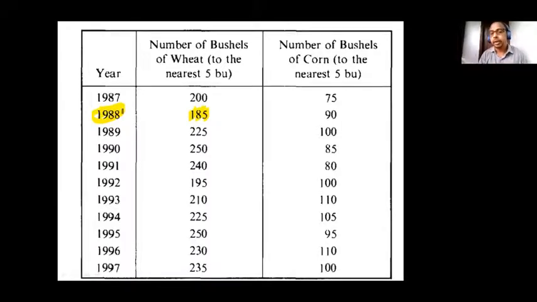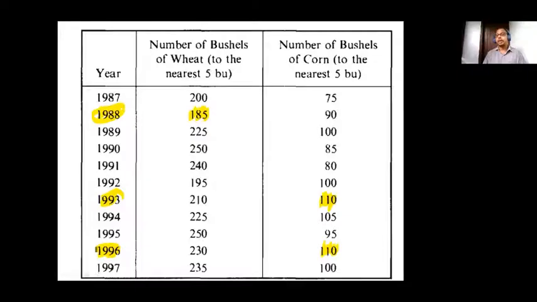Similarly, the greatest number of bushels of corn produced is 110, and 110 occurs twice. It occurs in the years 1993 and 1996. So, the number of bushels versus the year is a multi-valued function.